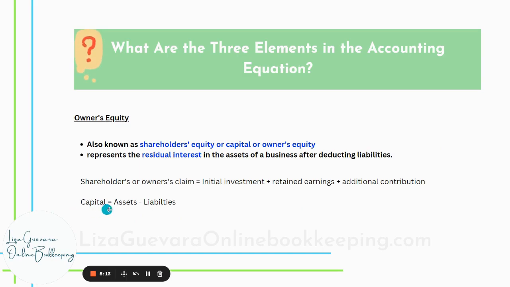So capital equals assets minus liabilities is your owner's equity. Your shareholders' or owner's claim is equal to the initial investment plus retained earnings plus the additional contributions made by the shareholder or the owner of the business.